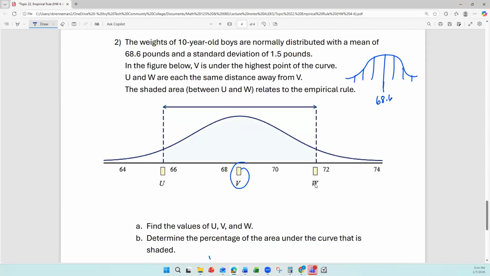V, it says, is under the highest point of the curve. That means it is the mean, exactly as given, no changes. V is the 68.6. Then we would label and start adding 1.5. So this distance between the lines is 1.5. So 68.6 plus 1.5 is 70.1.